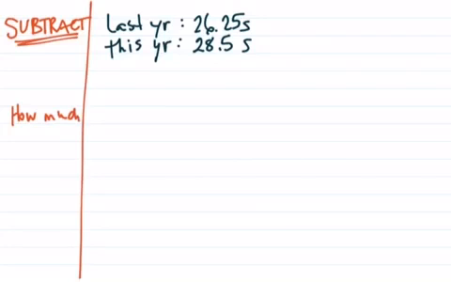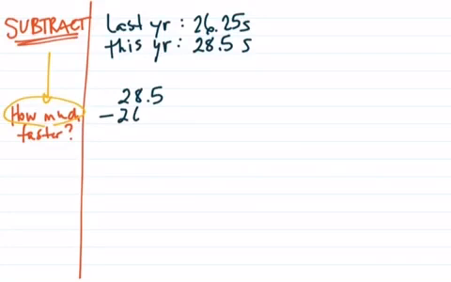And how much is a key word for subtracting. So whenever we're subtracting, we're going to write down our original numbers, and I will put the greater number on top. So I've got 28 and a half, and I'm going to take away 26 and 25 hundredths.